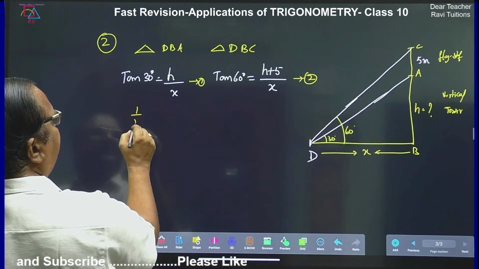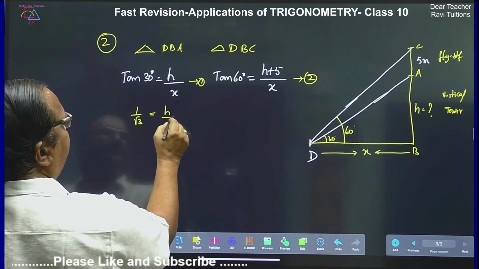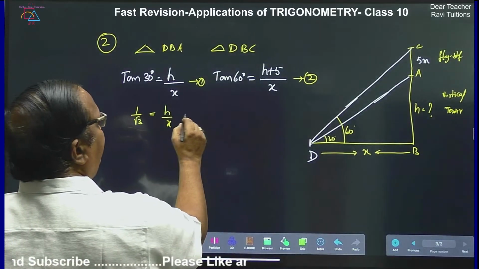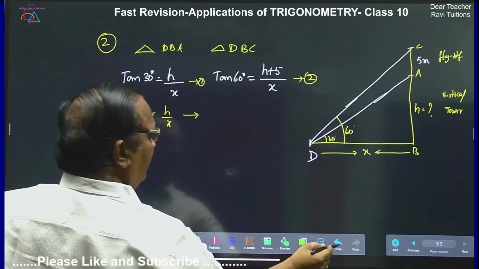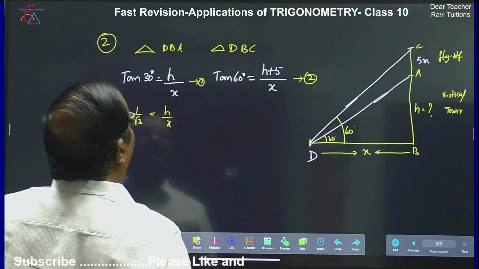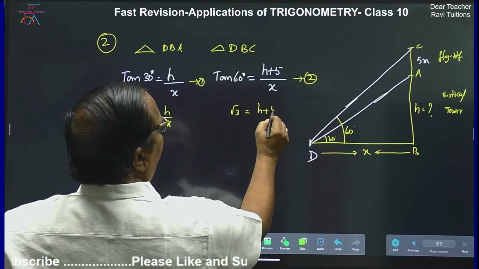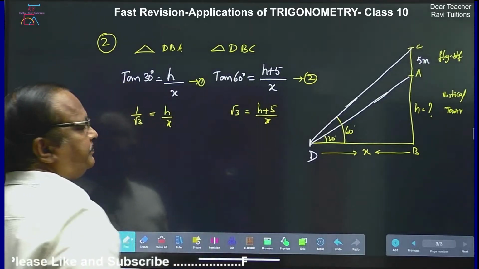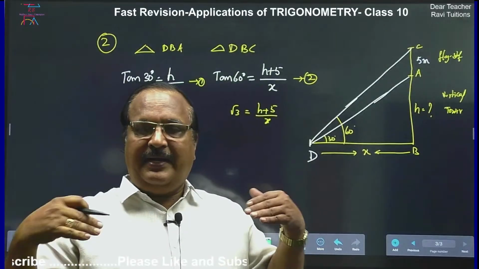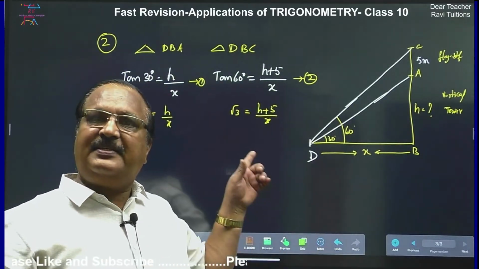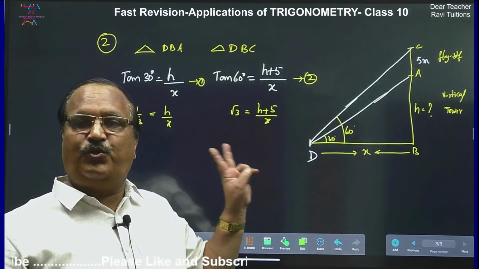1 upon root 3 is equal to h upon x. Keep it in mind, you have to find out the x value. And here, root 3 is equal to h plus 5 by x. We have to eliminate x, otherwise it is a simultaneous equation in two variables.